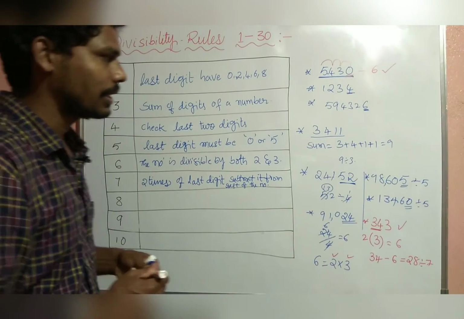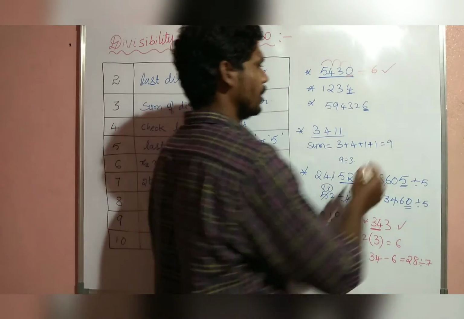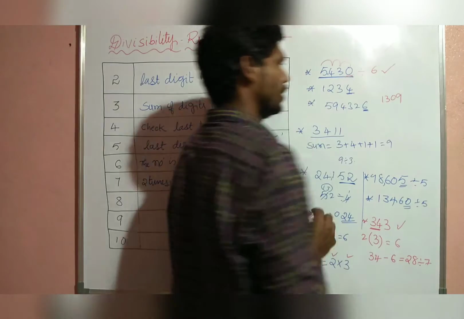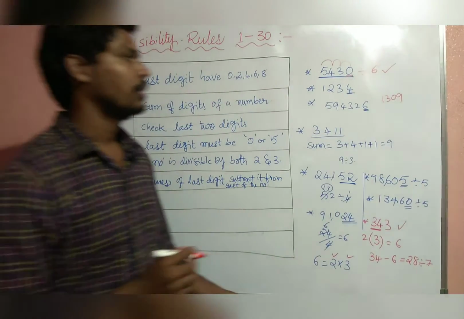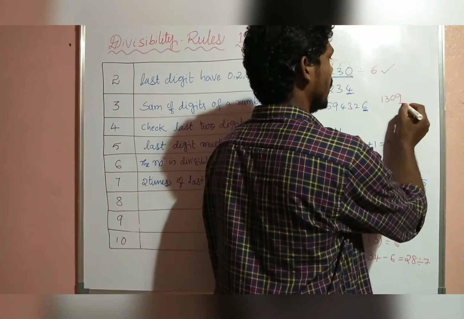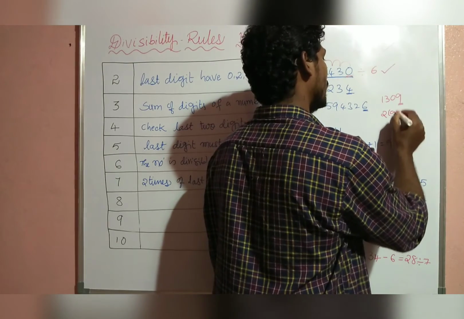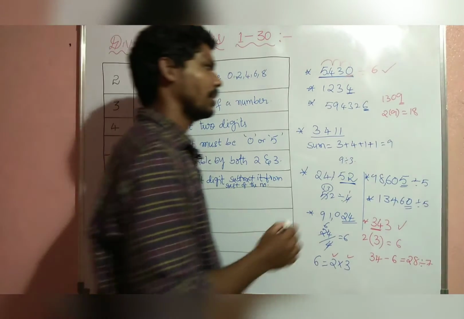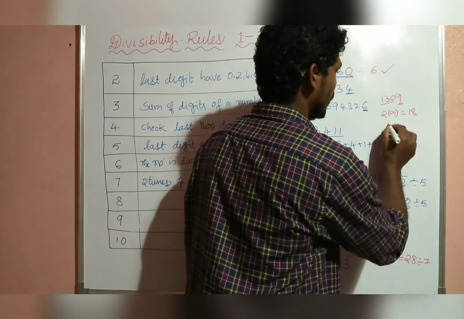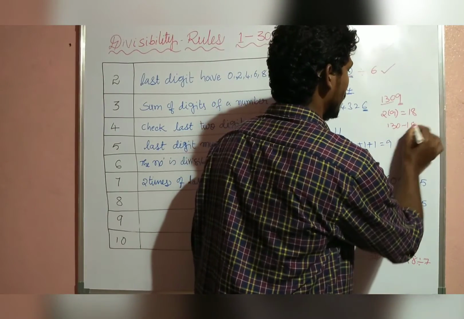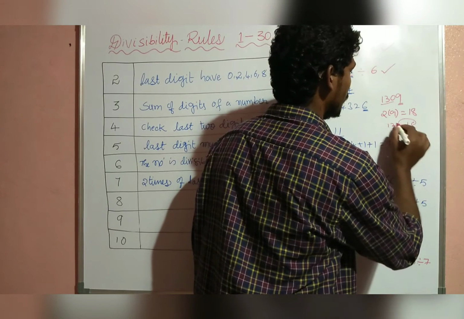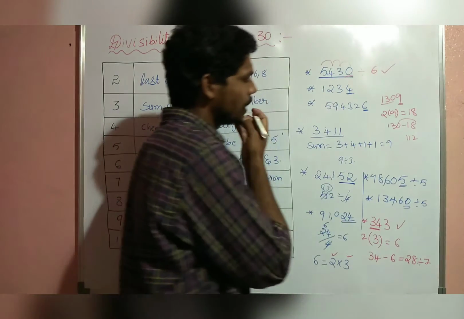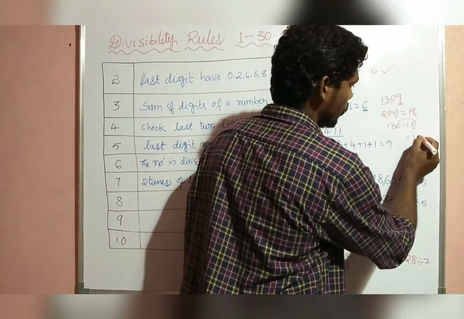One more example on 7. 1309. So the last digit is 9. So 2 times 9 is 18. That 18 is subtracted from 130. 130 minus 18 is 112.